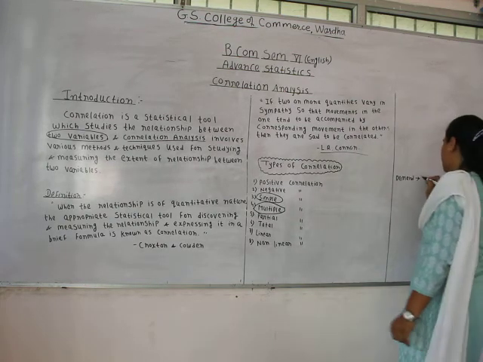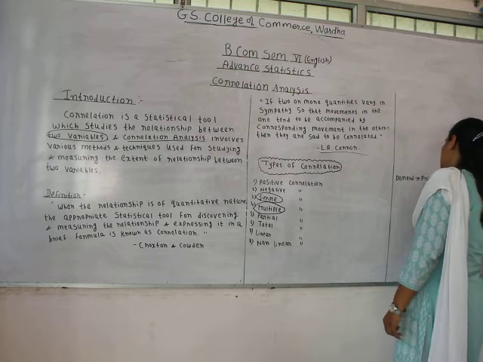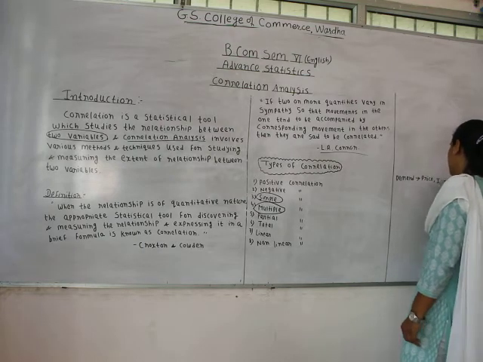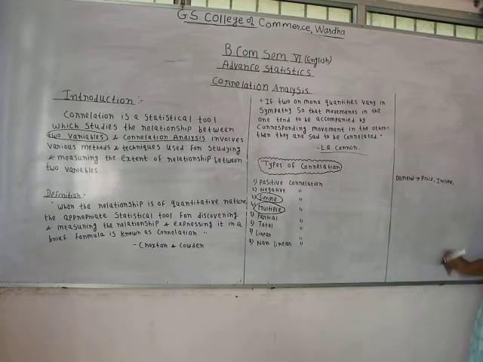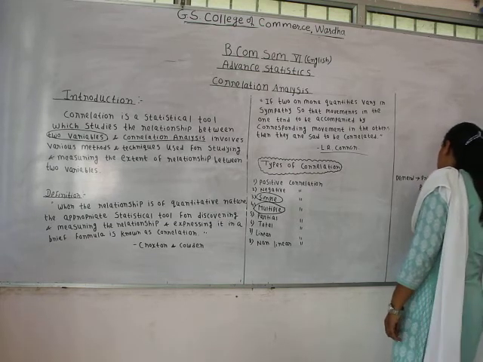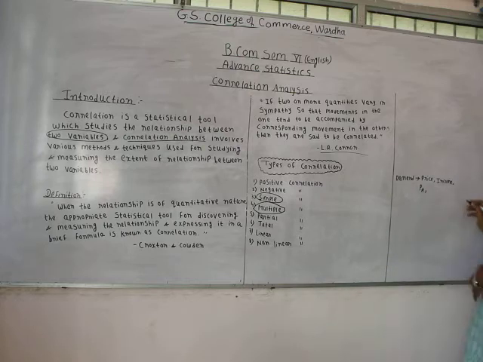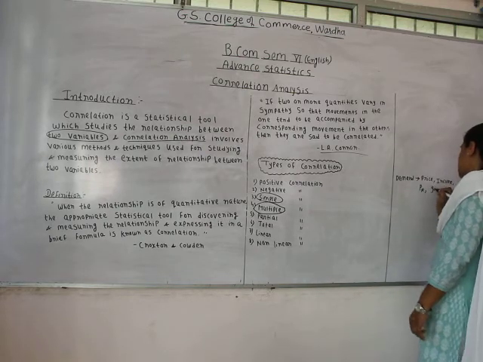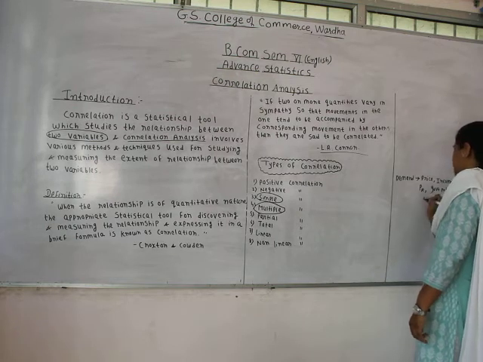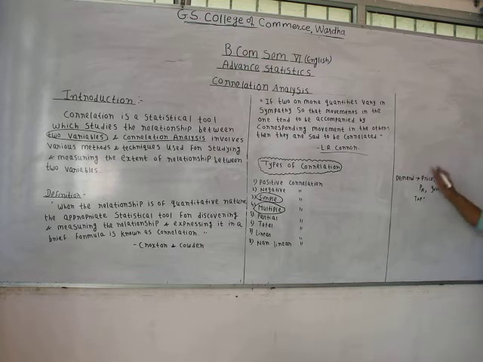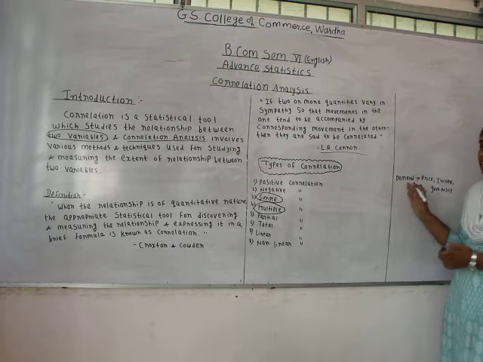It is impacted by price, then by income of consumer, then by price of related goods, it can be impacted by the government policies, and by taste and preferences of consumer. So these are the different factors because of which demand can be impacted.